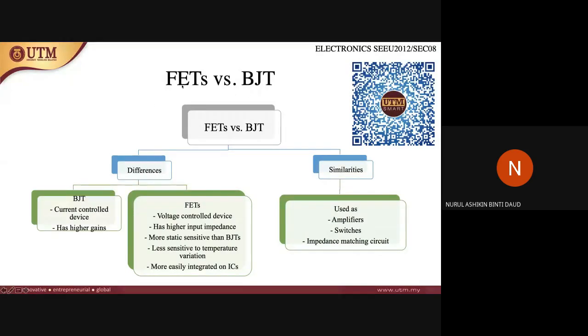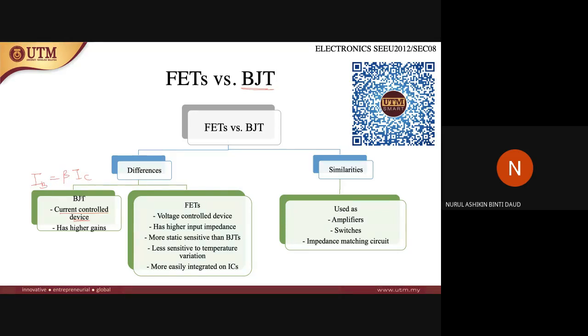What's the difference between FET and BJT? Okay, so FET refers to field effect transistor, and BJT is bipolar junction transistor. The differences: BJT is a current control device, where IB, the current at the base, controls the current at the collector, IC = beta IB.